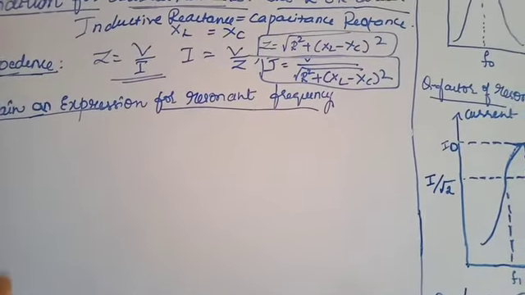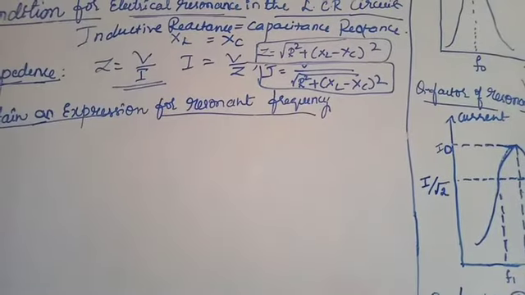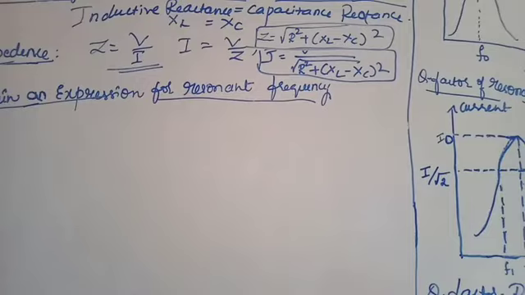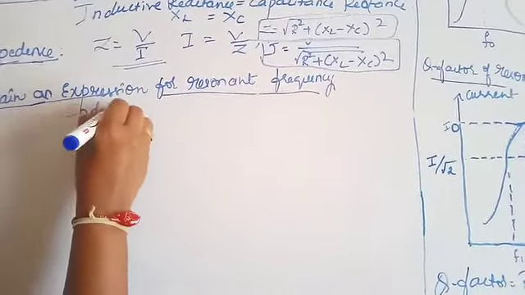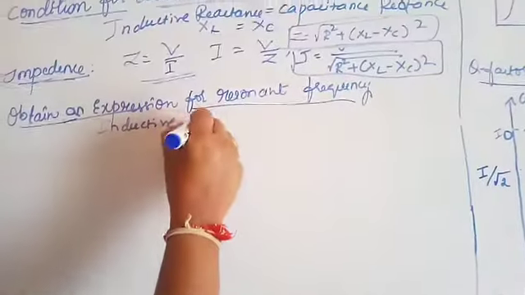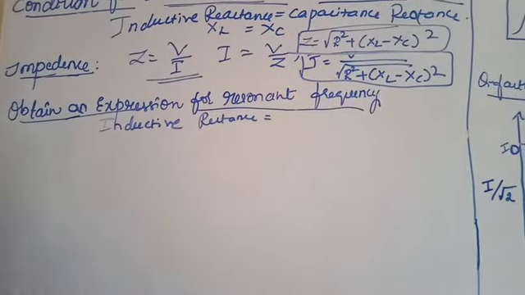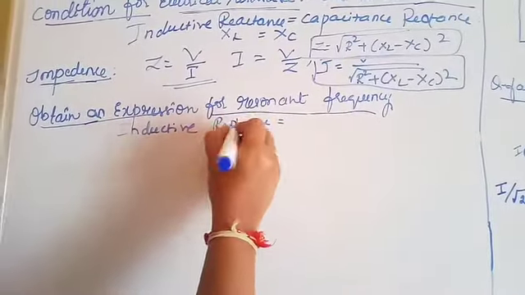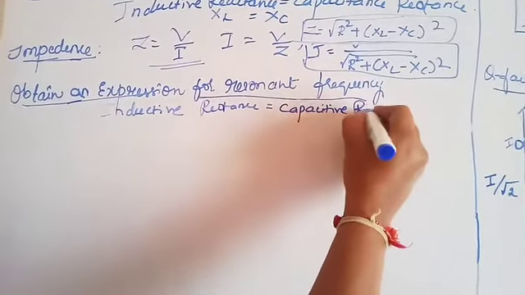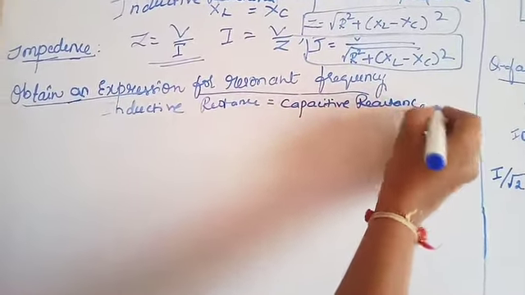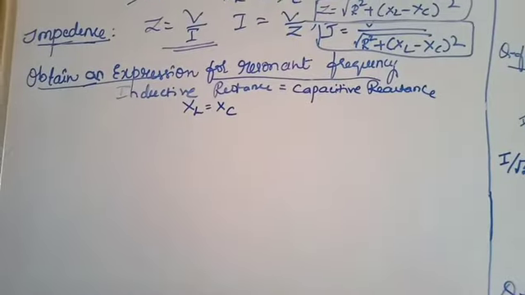Then next, obtain the expression for the resonant frequency. We take the condition that the inductive reactance is equal to the capacitive reactance, so XL is equal to XC.